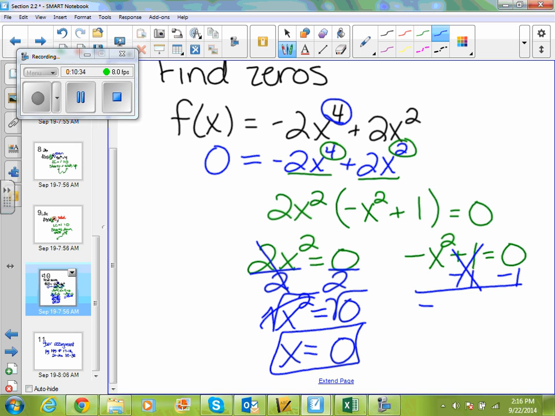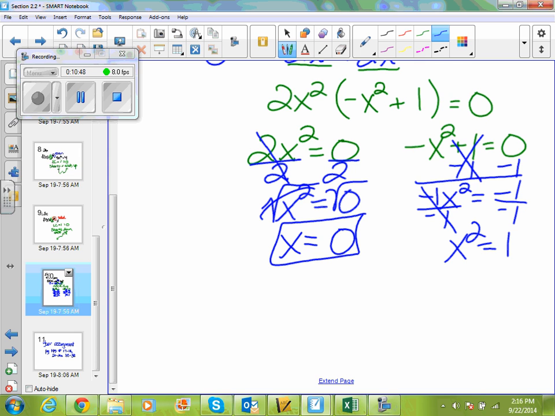So I get negative x squared equals negative 1. Then we divide by negative 1 to get rid of that negative 1. So x squared equals 1. And then take your square root. So x would equal positive 1 and negative 1 when we do our square root.